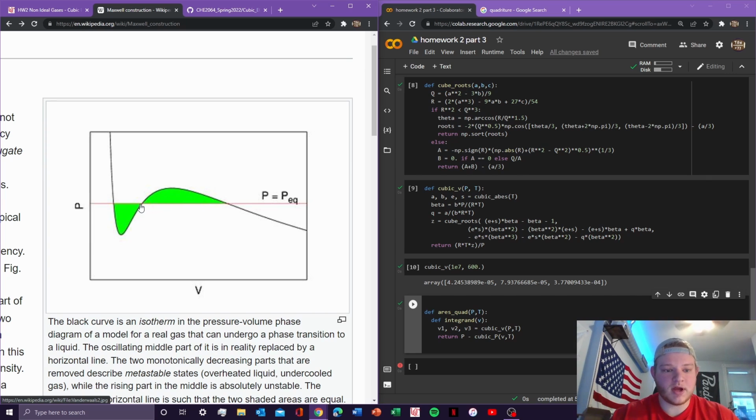Okay, now in order to find these areas, we need to subtract this point from this point and this point from this point. So let's do that.